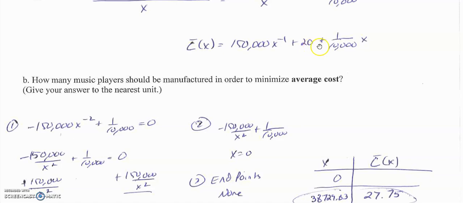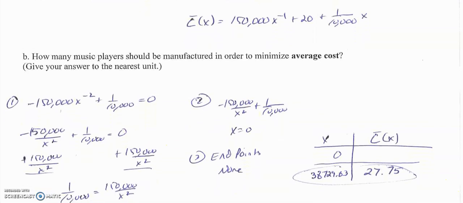Derivative of 20 is 0. Derivative of 1 over 10,000 x is 1 over 10,000. Set it equal to 0 and solve. Negative 150,000 x to the negative 2 can be written as negative 150,000 over x squared plus 1 over 10,000 equals 0. And doing some algebra, we can set up a proportion.